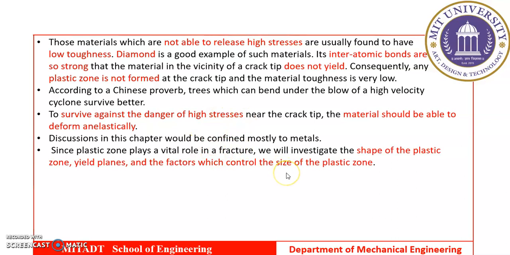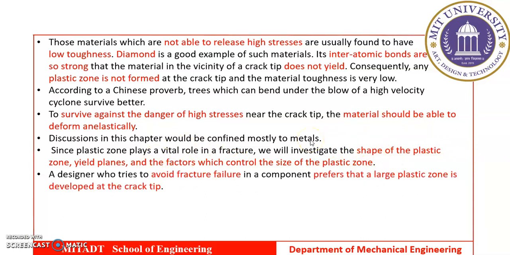Now in this chapter we will discuss plasticity in case of metals only. We will see the shape of the plastic zone and we will also see the factors which control the size of the plastic zone.